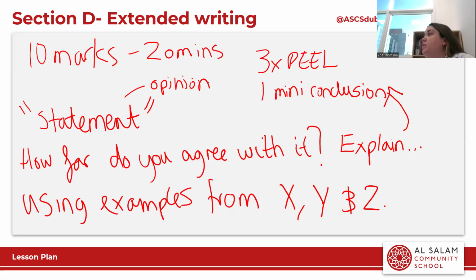I can't tell you specifically what you're going to be writing in the paragraph, because I can't tell you what the statement is going to say. But let's give it a completely different analogy. What if I gave you a statement that said, the best fast food restaurant in the world is McDonald's.